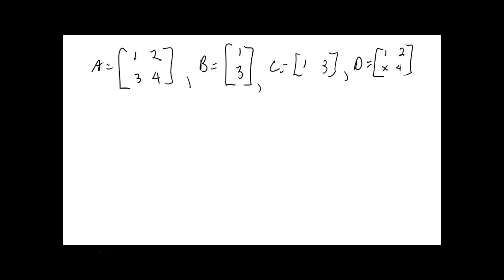They could be on one condition. X has to be equal to 3. If X is anything other than 3, they're not equal. But if X is equal to 3, yes, they are. They're the same size, and then every entry would be the same. But D has a variable in it, so it would be true only if that variable X were equal to 3. So you're absolutely right.